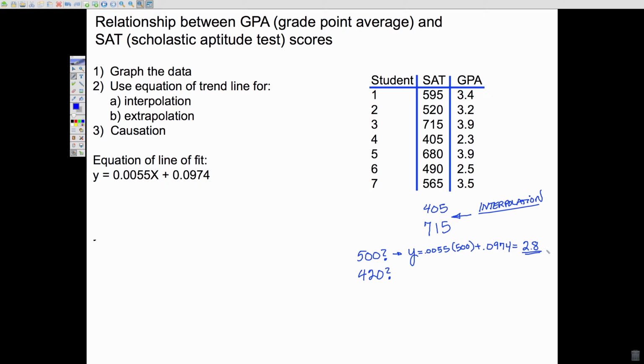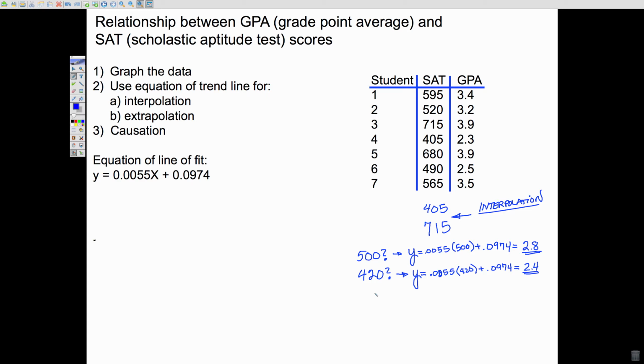Next, let's see what would happen if we predicted the GPA for an SAT score of 420. We would take the same equation, y equals 0.0055 times 420 plus 0.0974. If you work out the math and round off the answer, you'll get a GPA of 2.4.